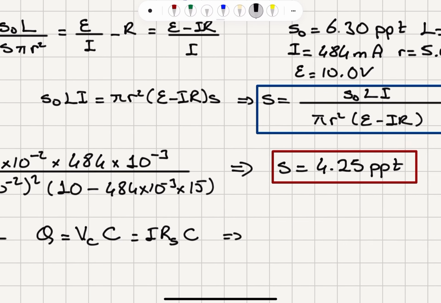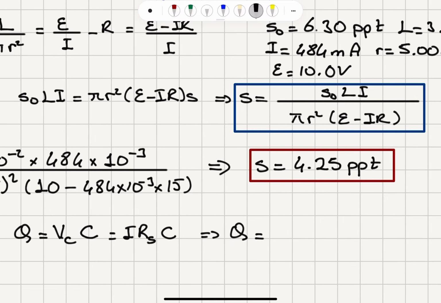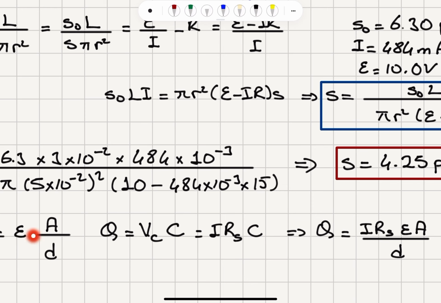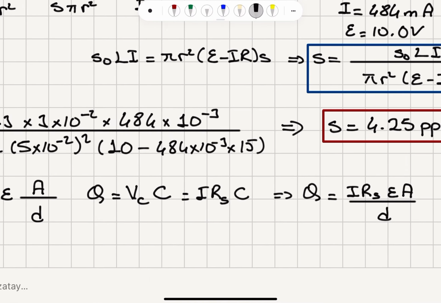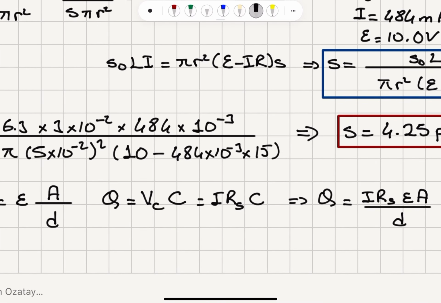So I will find that the charge stored on this capacitor is IRs. For C, I substitute epsilon A over D. So this is the capital epsilon, capital letter epsilon, that's the EMF. The lowercase epsilon is for the dielectric constant, the relative permittivity multiplied by the permittivity of free space.